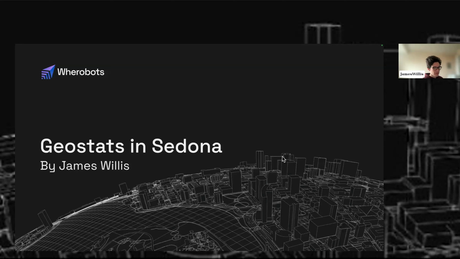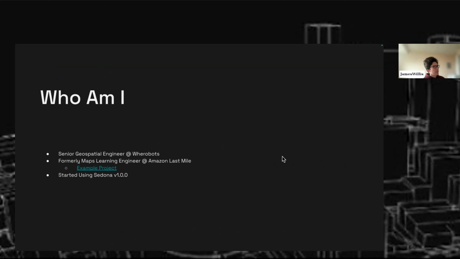All right, so I'm James. I contributed the GeoStats module, let's call it, in Sedona. Who am I? I work at Wherebots as a senior geospatial software engineer. I was formerly doing machine learning in Amazon's last mile.